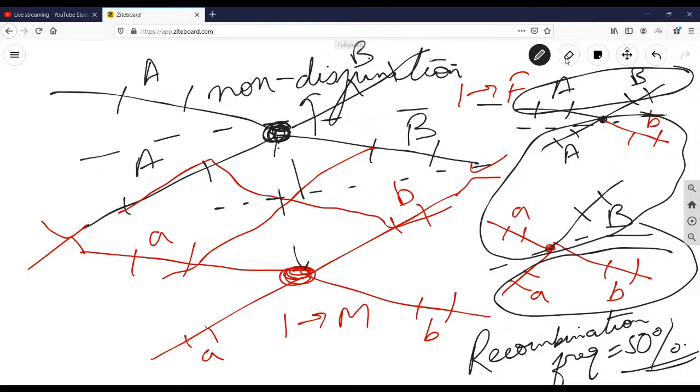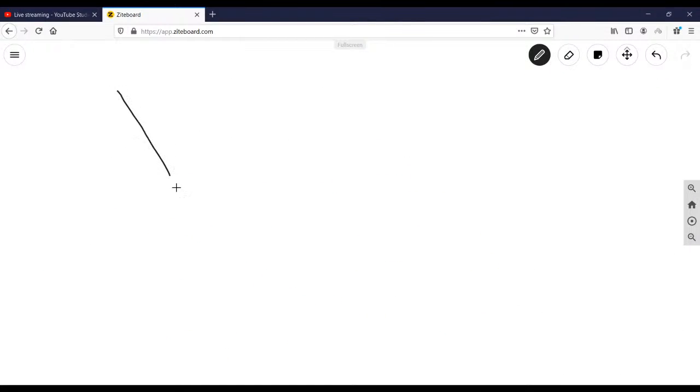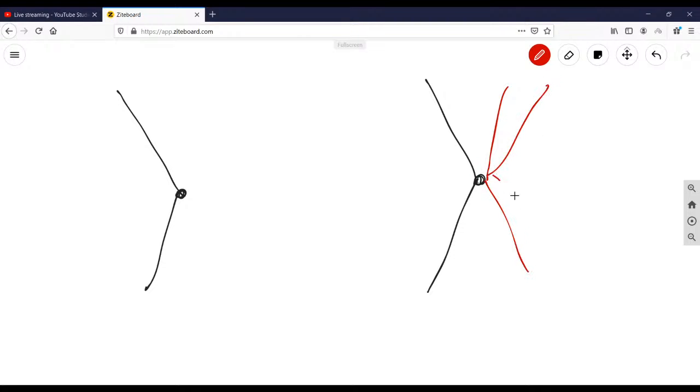So one cell could have only one, and one cell can have three chromosomes. So that means the total number will become how much? 46 plus 1, here 47, here it became 45.